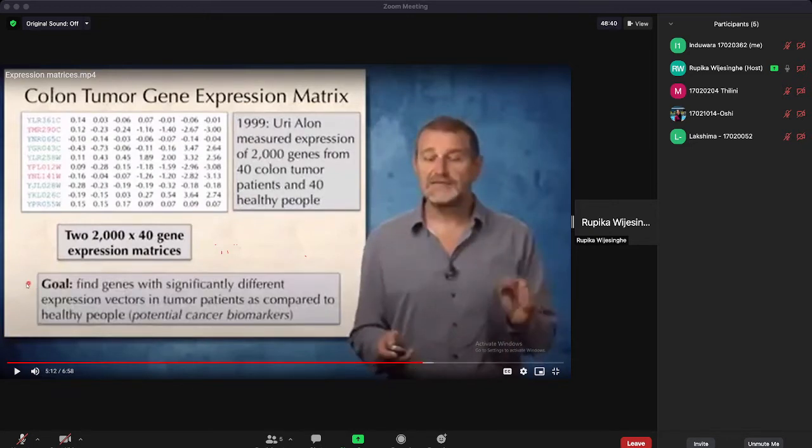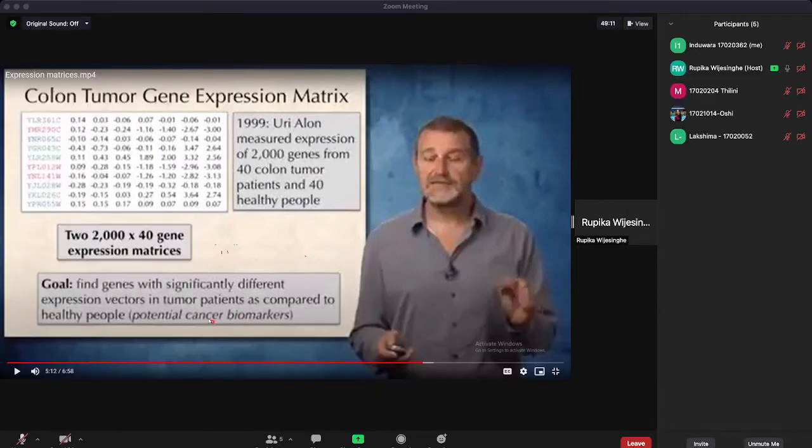So the goal here was to find genes with significantly different expression vectors. We said that an expression vector is a thing like this. To find genes with significantly different expression vectors in tumor patients as compared to healthy people means we can use those genes as potential cancer biomarkers.